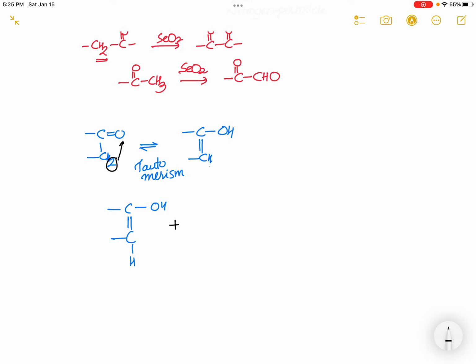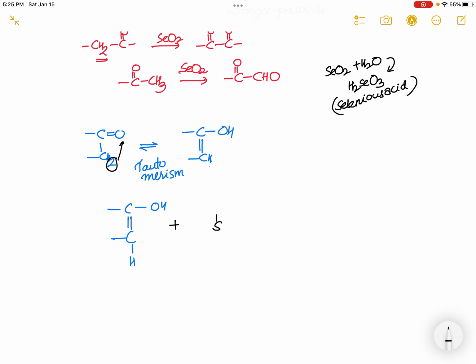Now here, selenium dioxide, when it reacts with water, forms H2SeO3. H2SeO3 is the acid, selenious acid. It is expected that first selenious acid is formed and then selenious acid does the rest. How is the selenious acid?